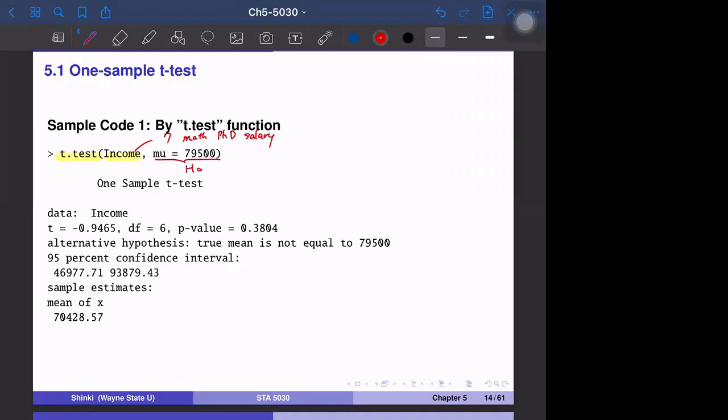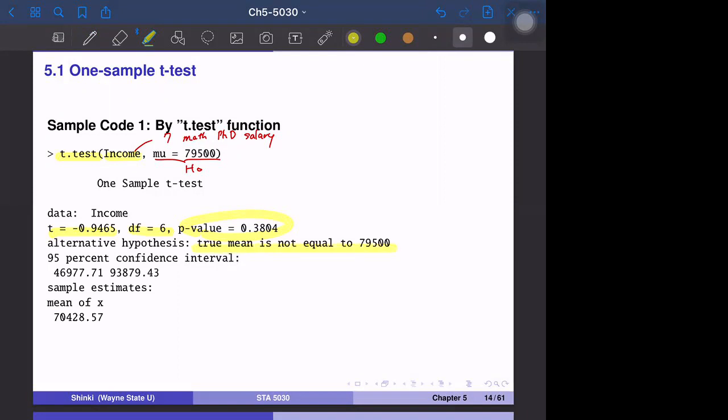Then it implements the one sample t-test, and we get the t-value, degrees of freedom, and the p-value, which we will explain later. We can also see the alternative is this one.